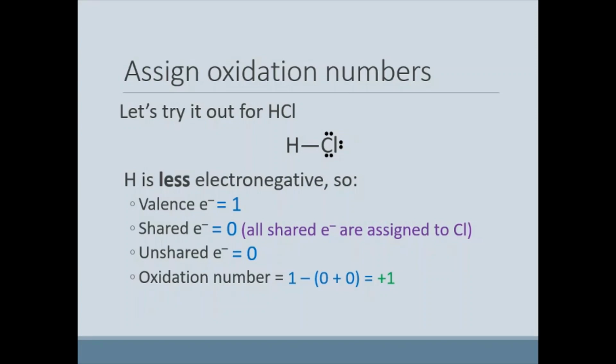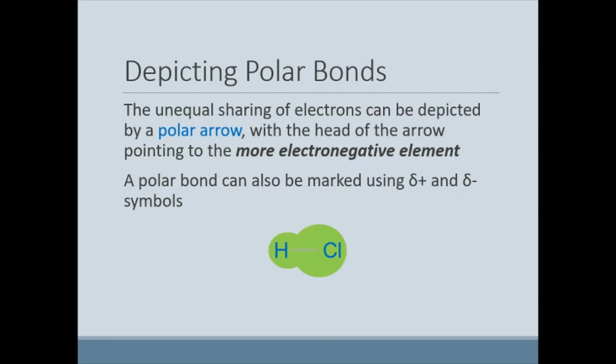And so, when it comes to writing these things out, most of the time you would not really want to write out all this information about hydrogen and chlorine. We can typically write these things out using either what we refer to as polar arrows, or what we refer to as partial charges. Polar arrows are nothing more than an arrow with a cross for a butt.